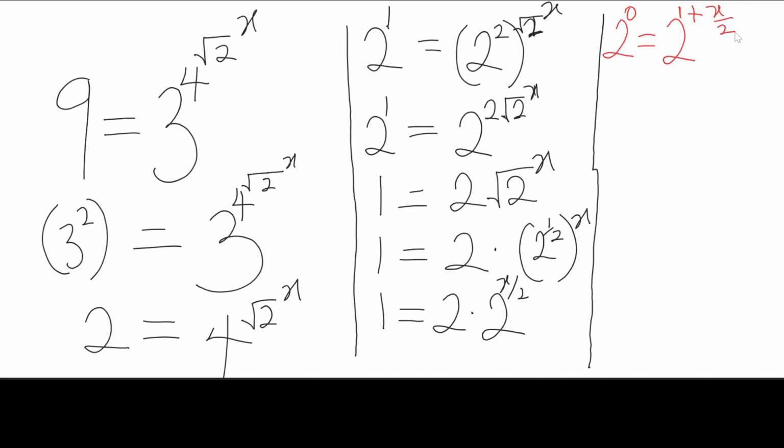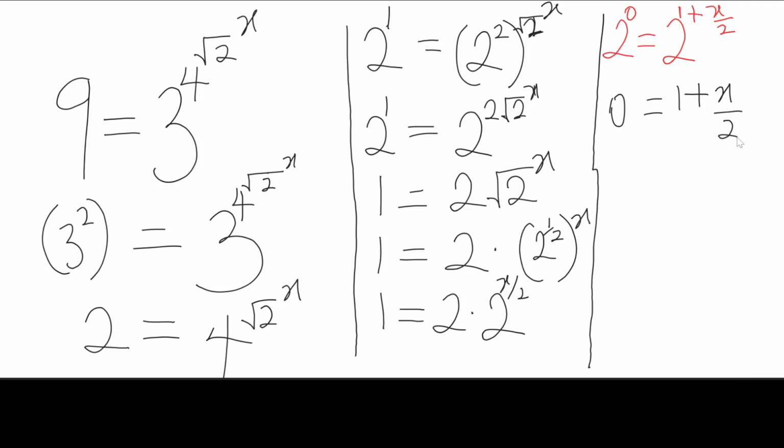So in this case, I can now equate the powers. I'm going to stop working with the base and start working with the power, because the base is the same. So I'm going to be having 0 equals 1 plus x over 2.